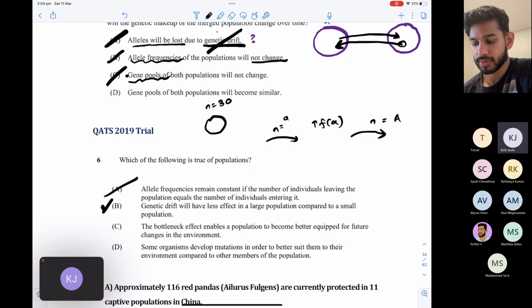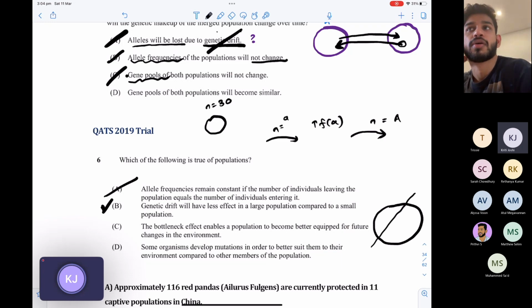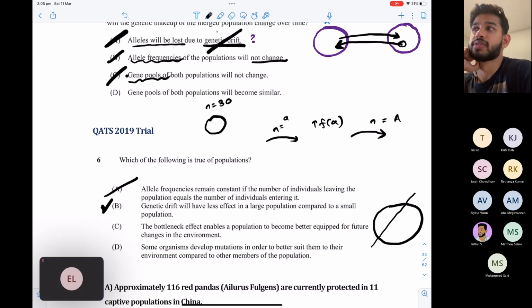Maybe because when there's a natural disaster, like for the bottleneck, it'd wipe out the ones which won't be able to survive, and it'll keep the alleles which can reproduce, and they'd have the allele to fight against. Good thought. Let's use a natural disaster as an example, right?